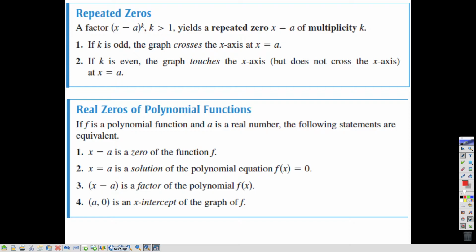Okay, so repeated zeros. If I have a factor x minus or plus a to the k power, and k is greater than 1, it's a repeated zero.